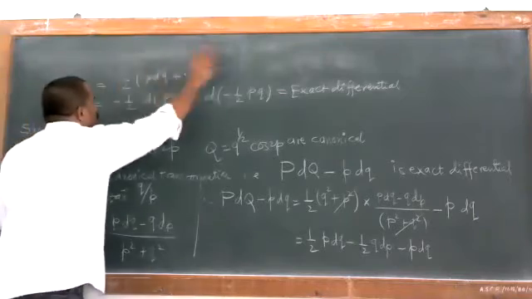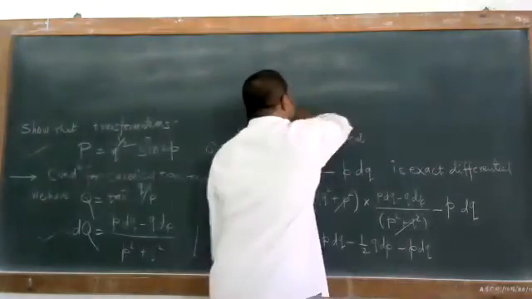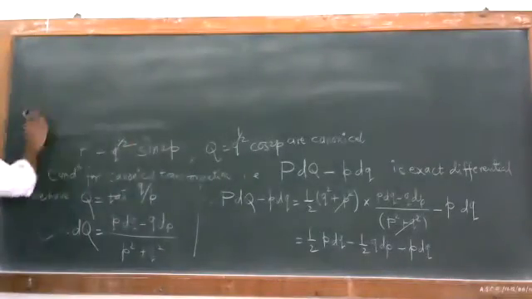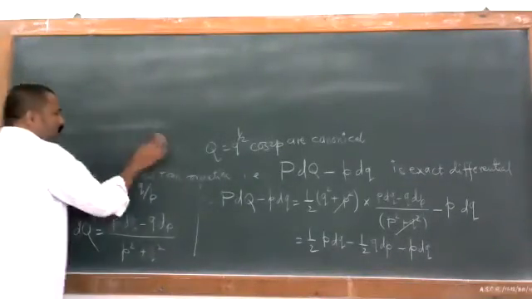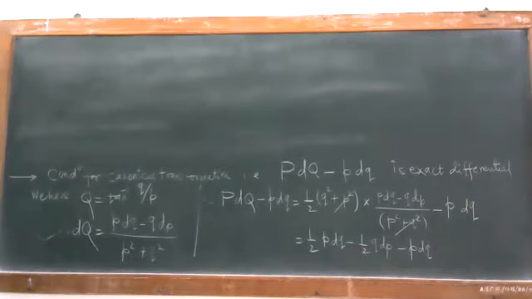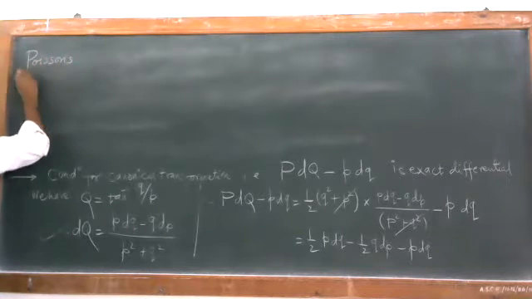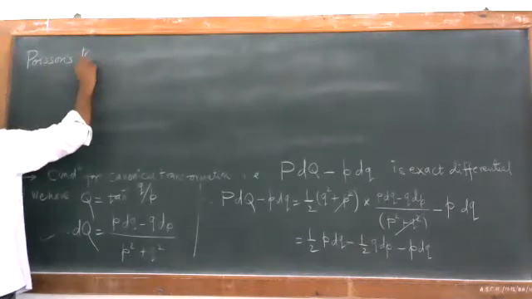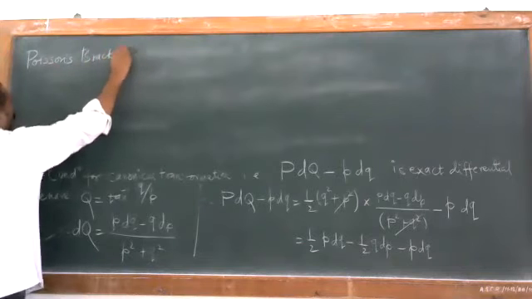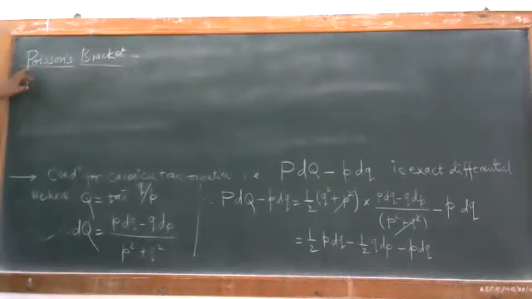We have seen 4 generating functions, and then we have looked at canonical transformations. Now what do we have to look at? Now we have to look at the point that is called Poisson's bracket.